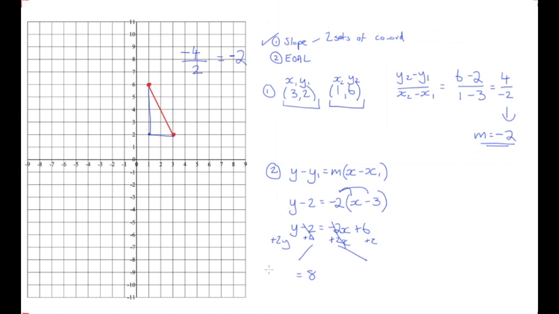So I'm left with, oops, that should be 2x. So that would be 2x and then plus y. 2x plus y equals 8, so that's one way of doing it. If I have everything over on the left-hand side, it would be 2x plus y.